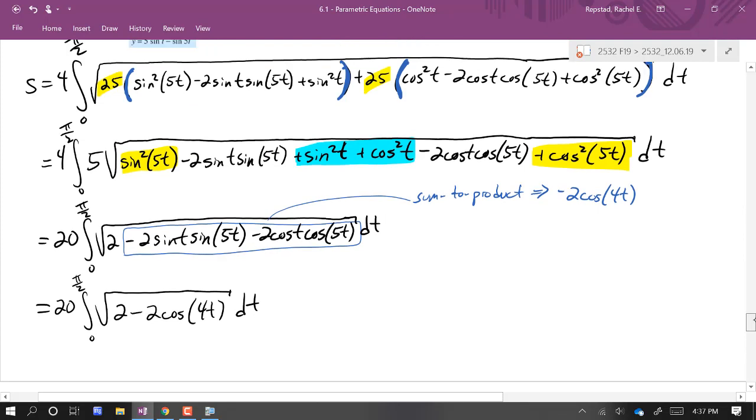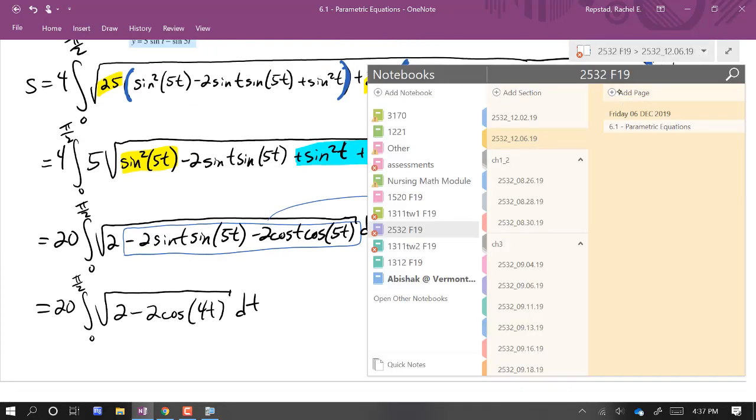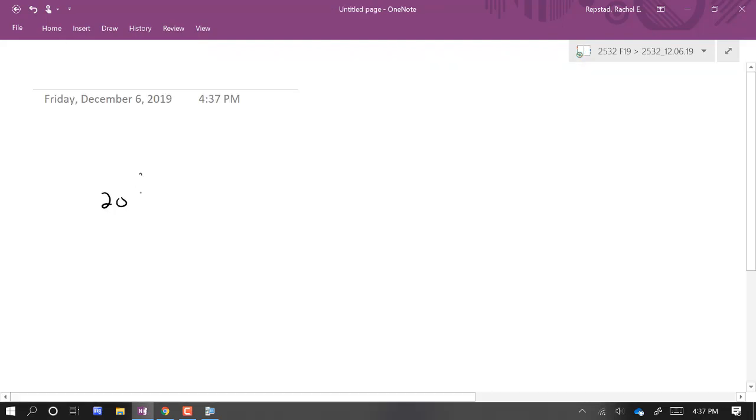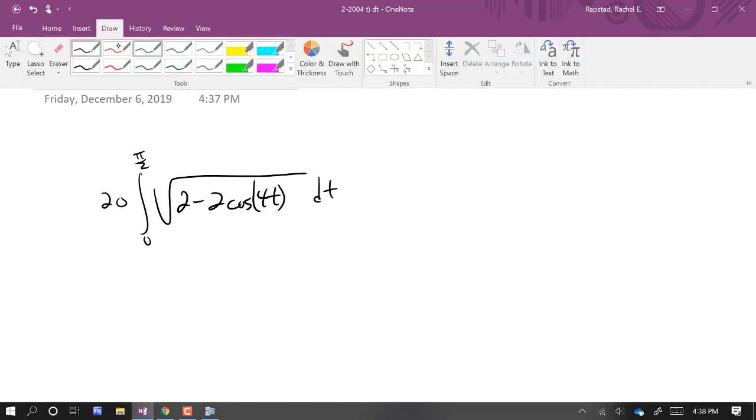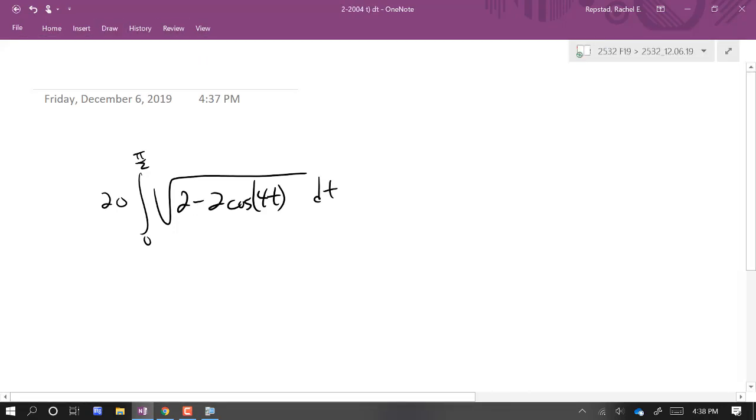I'm going to add a page here. I know I have magic paper, so. Then the other thing we'll do is this piece here. We're going to use the double angle formula for cosine.